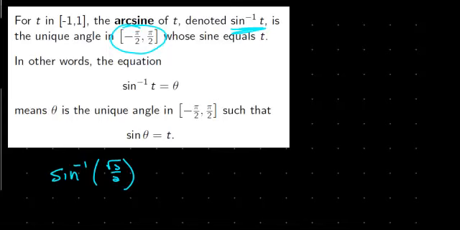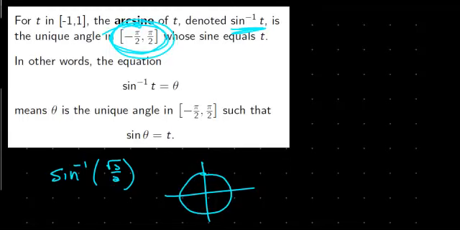I need an angle on the unit circle between negative pi over 2 and pi over 2 where the sine value is root 3 over 2. That's going to be somewhere up in here, and I think that is pi over 3. So the inverse sine of t equals theta means that theta is a unique angle in negative pi over 2 to pi over 2 such that sine theta equals t.